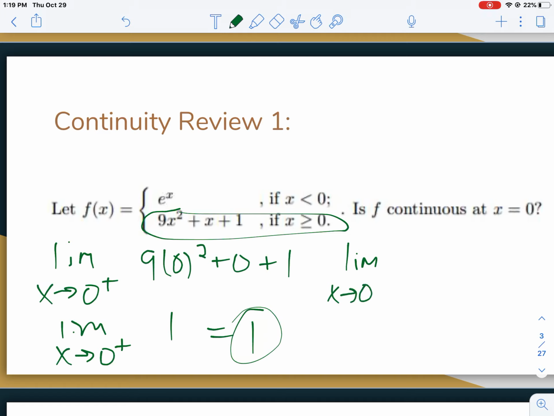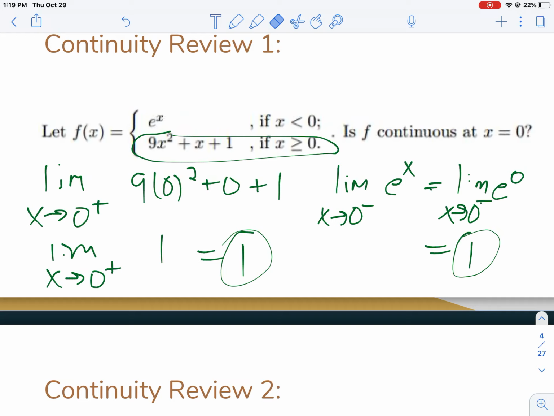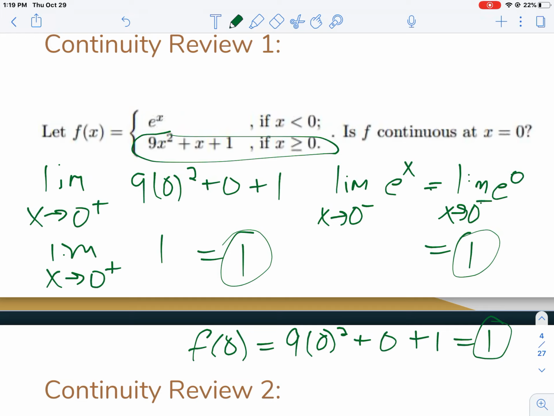The limit as x approaches 0 from the left of e to the x equals e to the 0, which is 1. f of 0, we're going to use the bottom function because that's where x is equal to 0, so 9 times 0 squared plus 0 plus 1 equals 1.